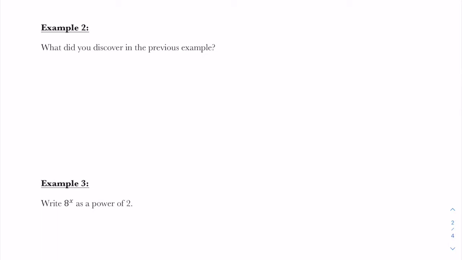Example 2 is asking us to investigate this a little further. So as we already mentioned, the two functions were equivalent. Let's write that down again for completeness.